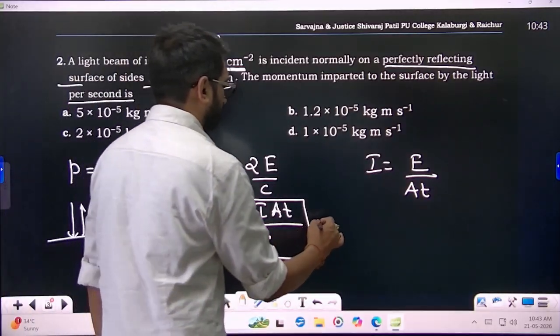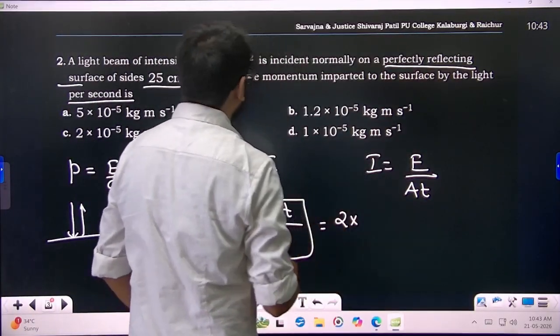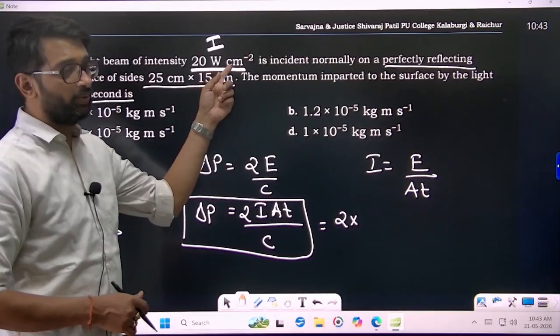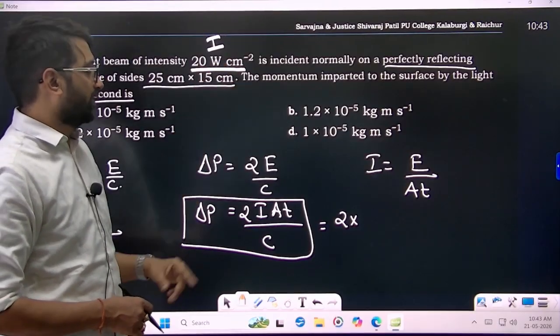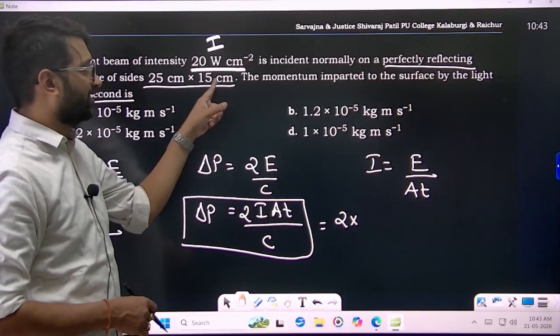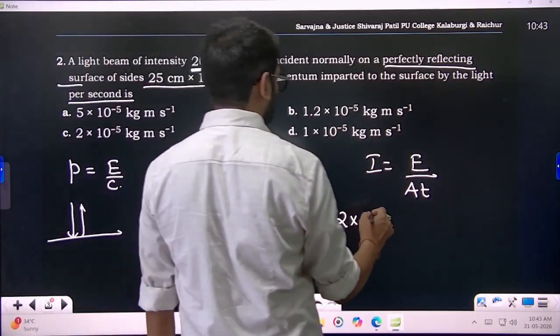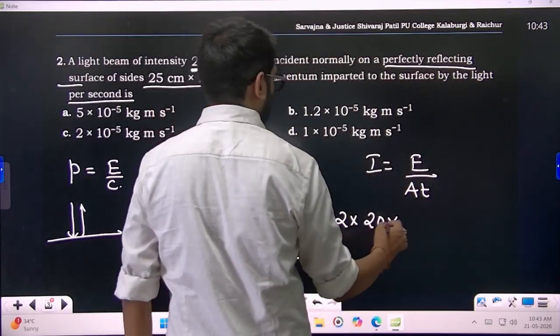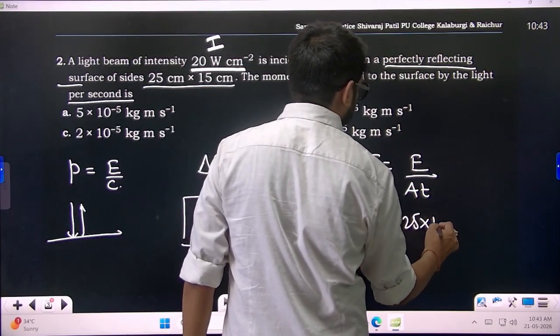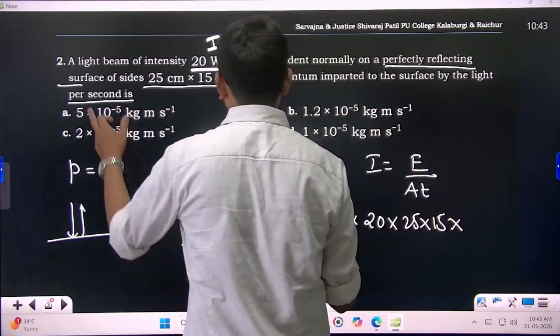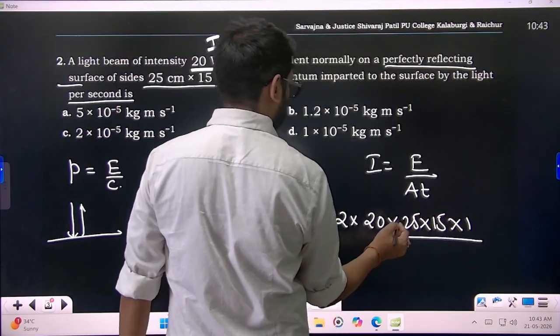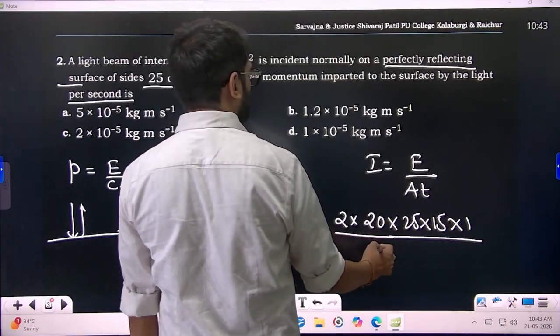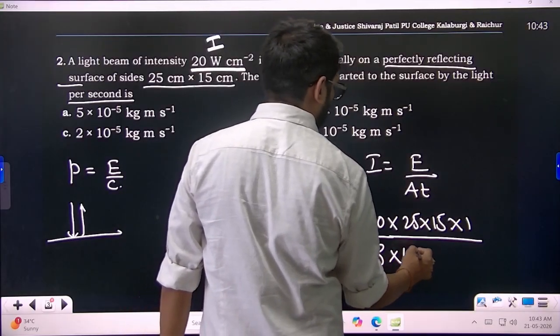So let's substitute the values. 2 into intensity. Actually we need to convert into meter per meter square, but as here we are multiplying, the centimeter square gets cancelled. So 2 into 20 into area, which becomes 25 into 15, into time per second, divided by C. C is 3 into 10 to the power of 8.